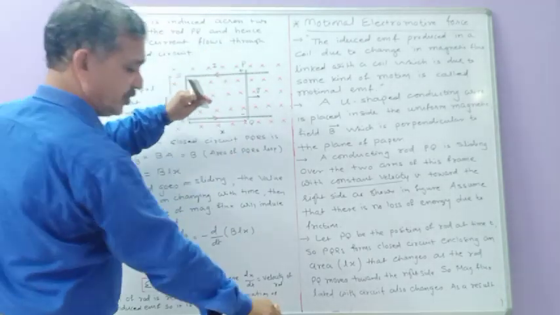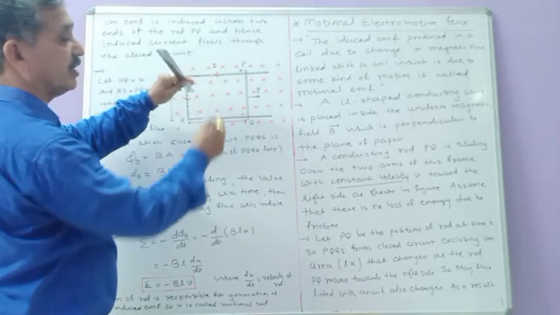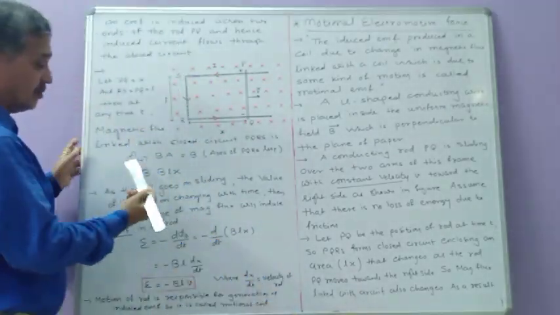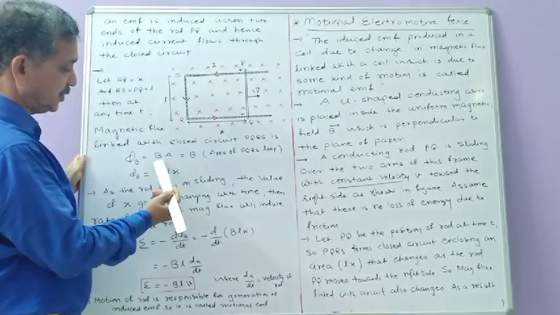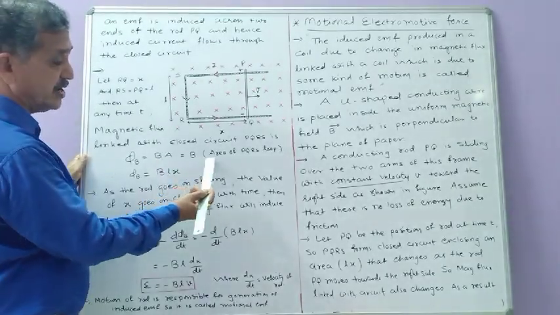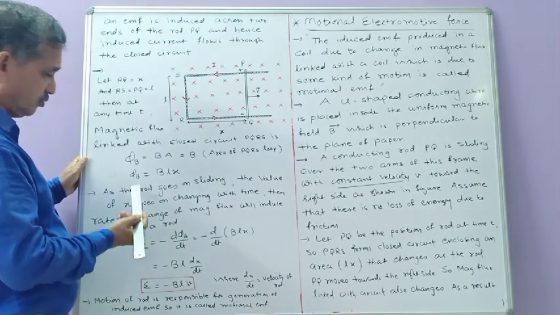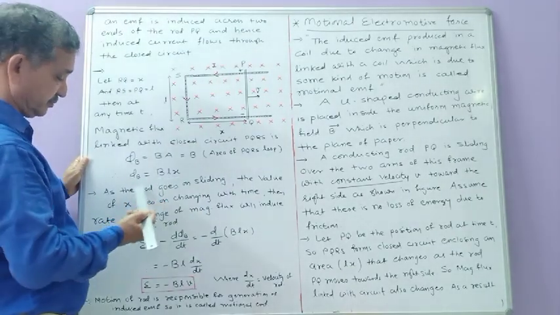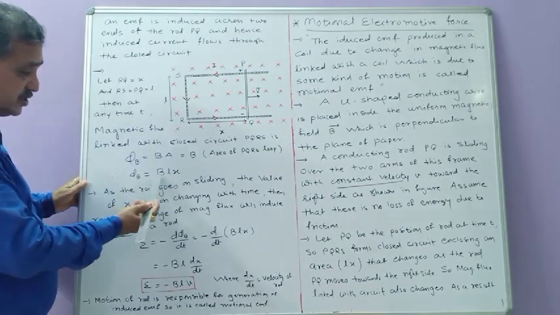Magnetic field is also going inside. Both vector B and vector A are in the same direction. Flux BA cos 0, which is 1. That's why it is BA equal to B into area of PQRS, equal to B into Lx. So magnetic flux is BLx.